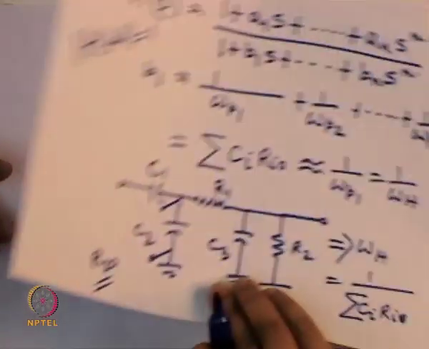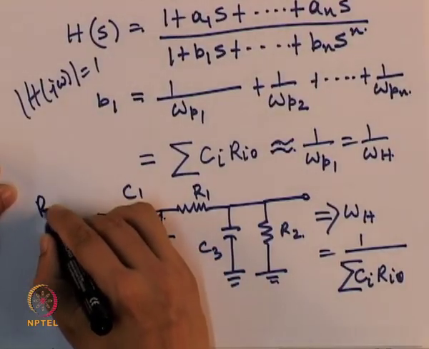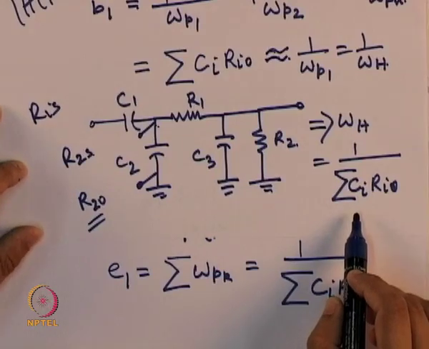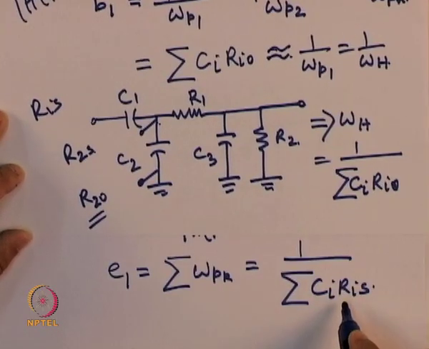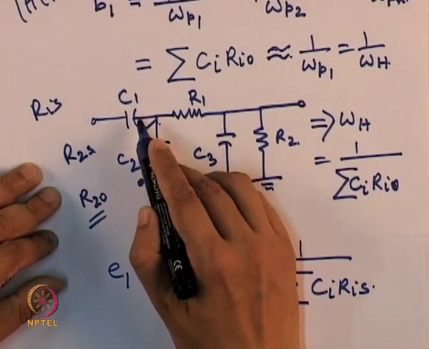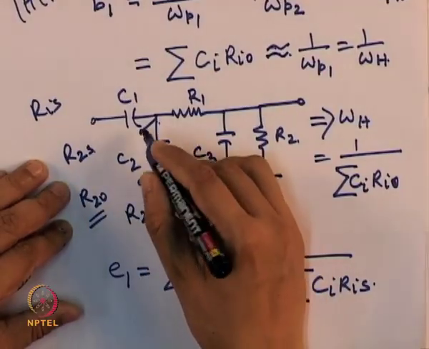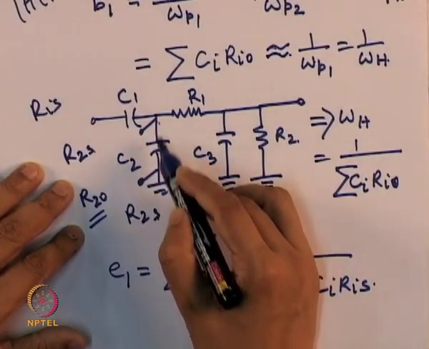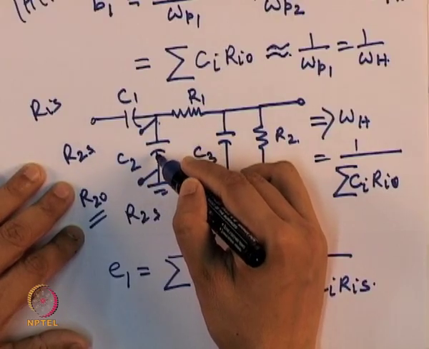If we go back to this circuit, this C_i R_is value, which is the new constant that we found, is the equivalent resistance across any capacitance with all other capacitors shorted out. So, if you want to find out R2s, then we short C1 and C3 and then find the equivalent resistance across the terminals of capacitor C2.